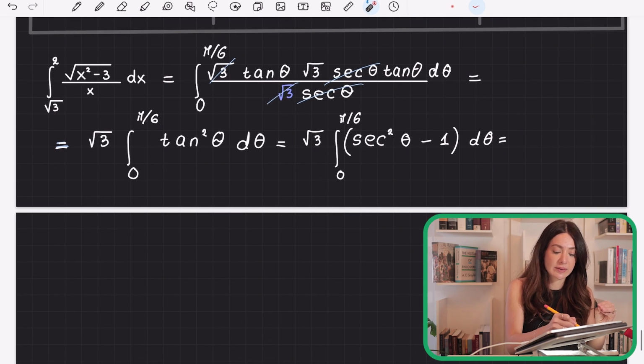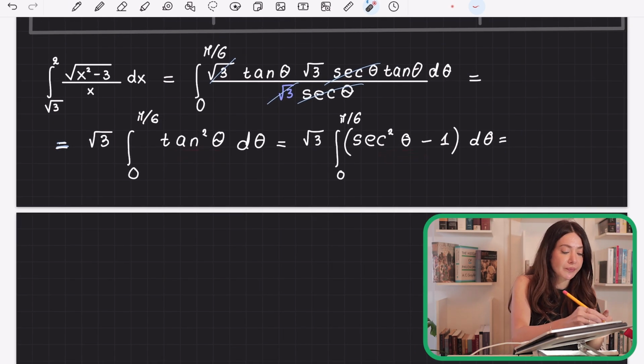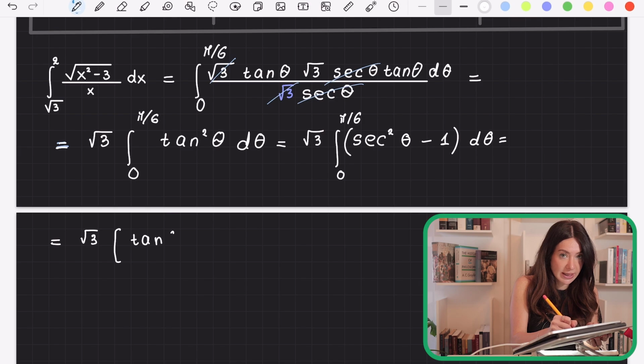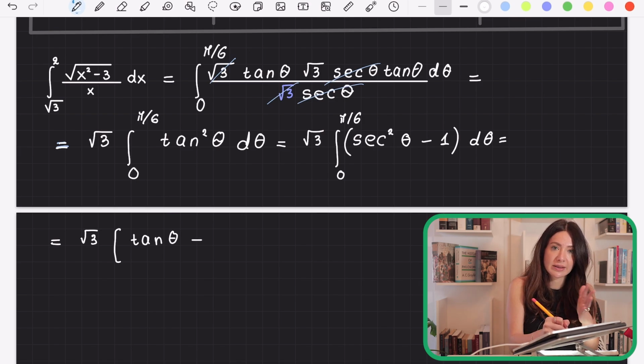And this relationship comes from that. Okay, so now I do know integral of secant square theta, that's tangent theta. Because derivative of tangent theta is secant square theta. And integral of 1 times d theta, that's just theta.